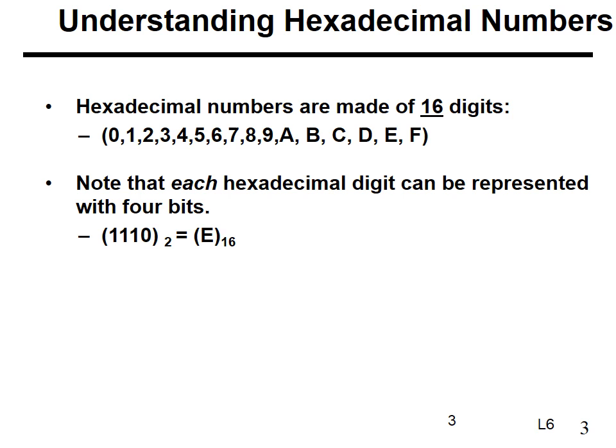As an example, the binary number 1110 is equal to E in hexadecimal. So this means we can represent a really long binary number by using 1/4 as many numerals if you use hexadecimal numbers. So we always use hexadecimal numbers when we're referring to binary numbers.